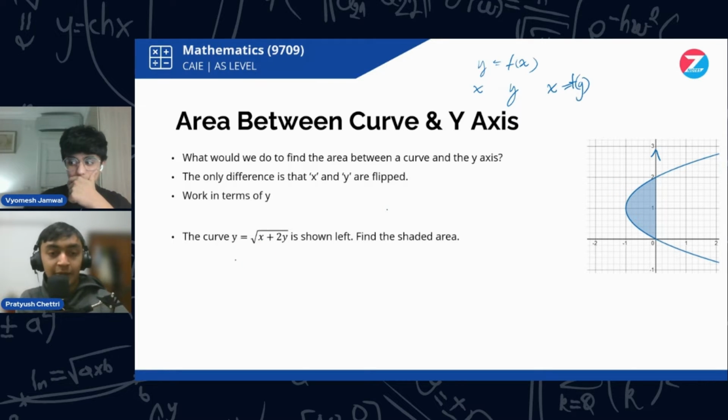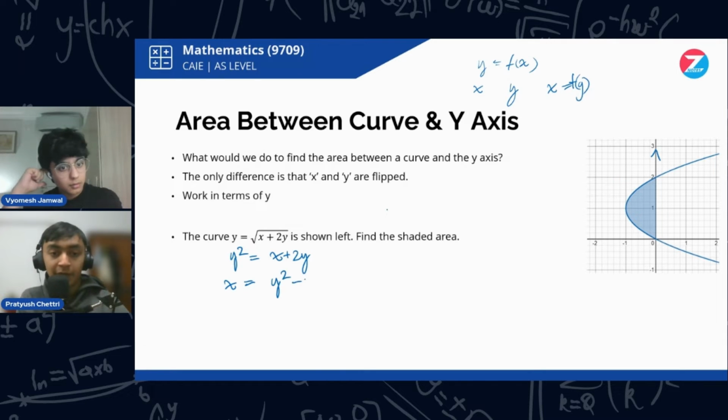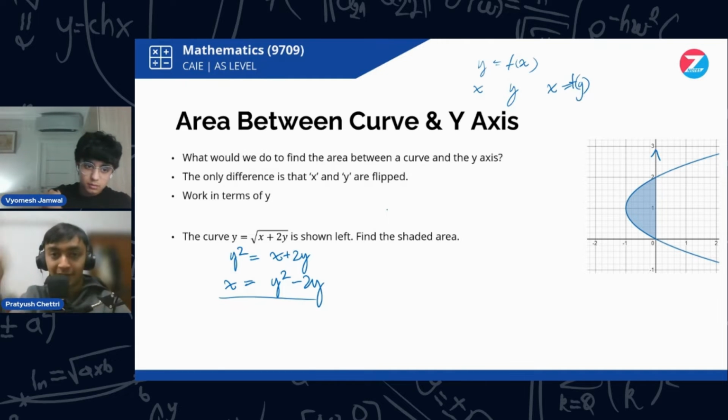So I'm going to get x by itself. Square both sides, y squared equals, subtract away the 2y. x equals y squared minus 2y. And this is my curve. As you can see, it's a quadratic, but in the xy flip direction. Instead of smiley this way, it's sideways.